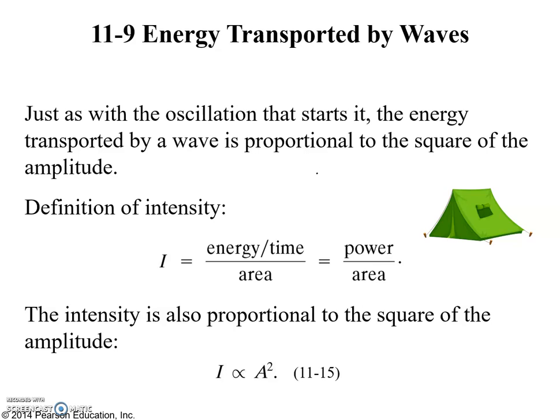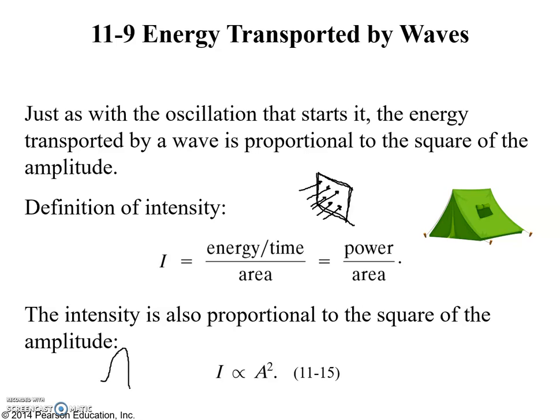So if you think of like a square on a wall, what we're measuring is how much energy is hitting that square due to the wave. So we have to kind of measure it in a per square meter area. Okay, and intensity is related to the amplitude of a wave.